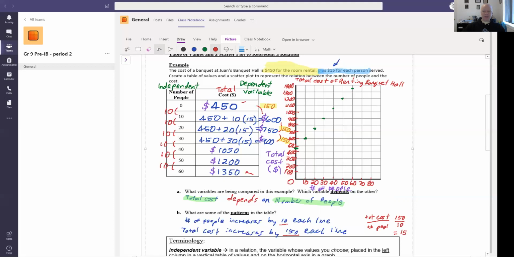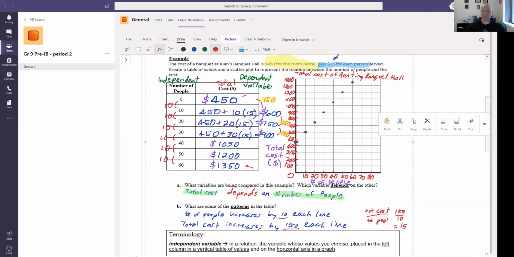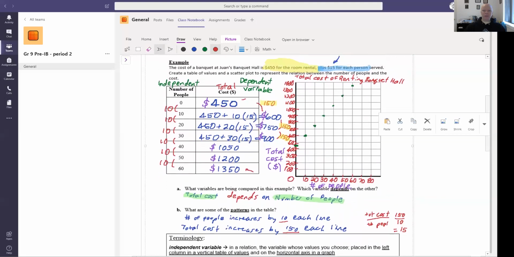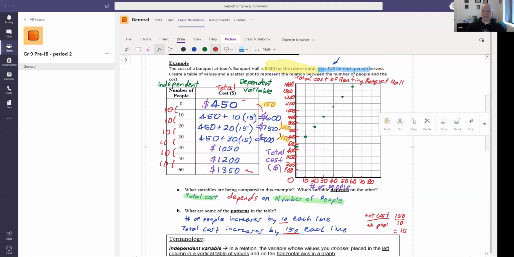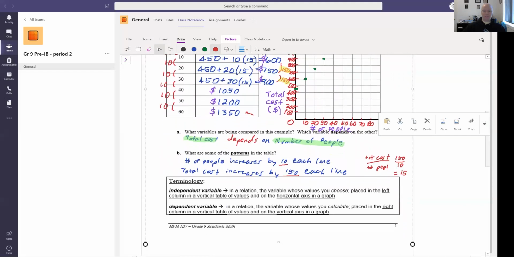So it all comes together, and it's all consistent with the values that we're given. If you have any questions about this, please don't hesitate to send me a note.